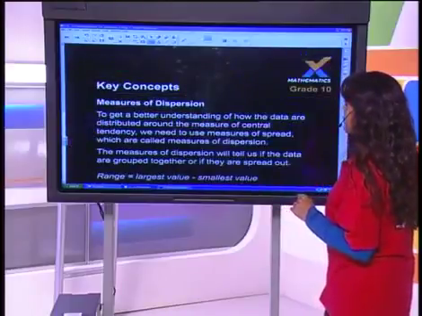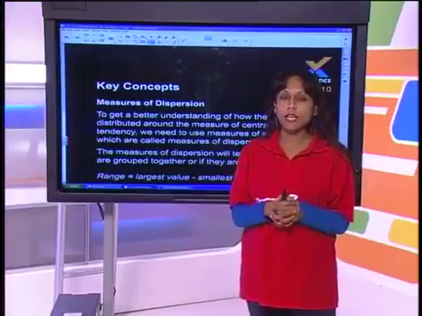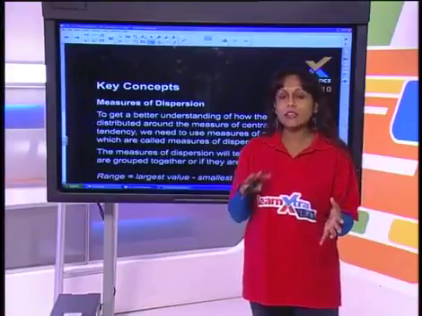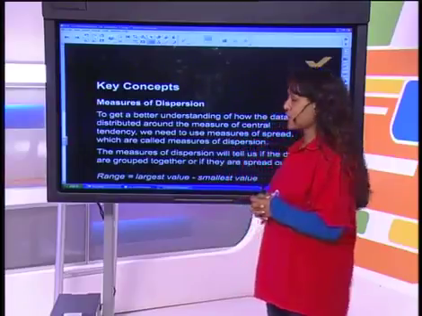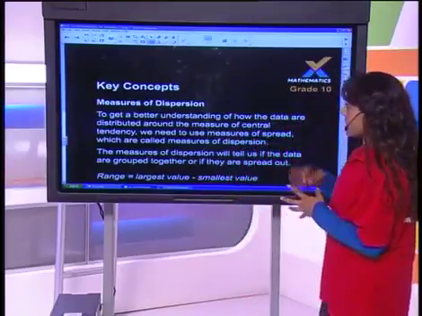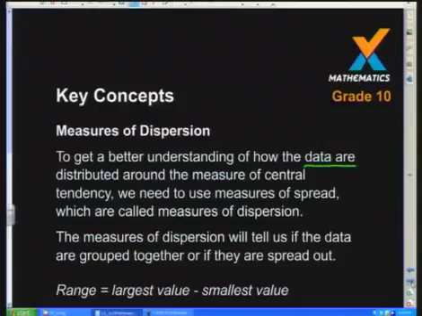And that is the section on measures of dispersion. So remember, so far we've been looking at measures of central tendency, and that was our mean, median, and mode. Now, what is a measure of dispersion? What we use that for is to get a better understanding of how the data are distributed around the measures of central tendency. So we need to work out how spread out the data is.